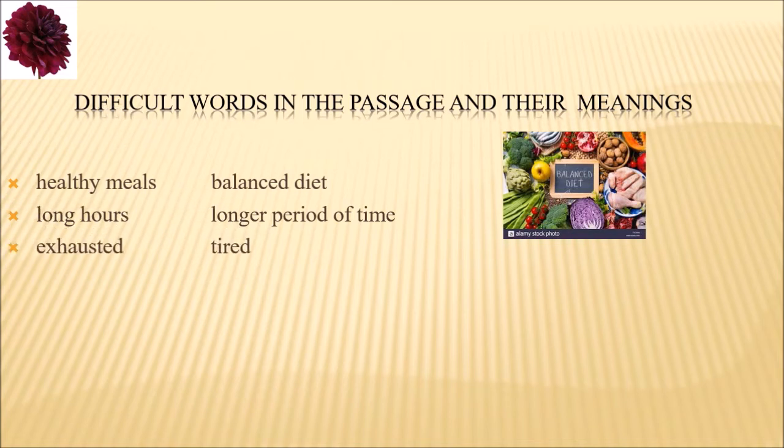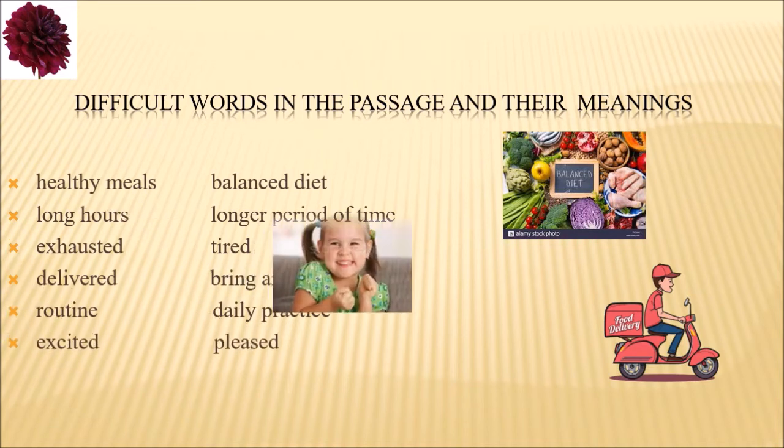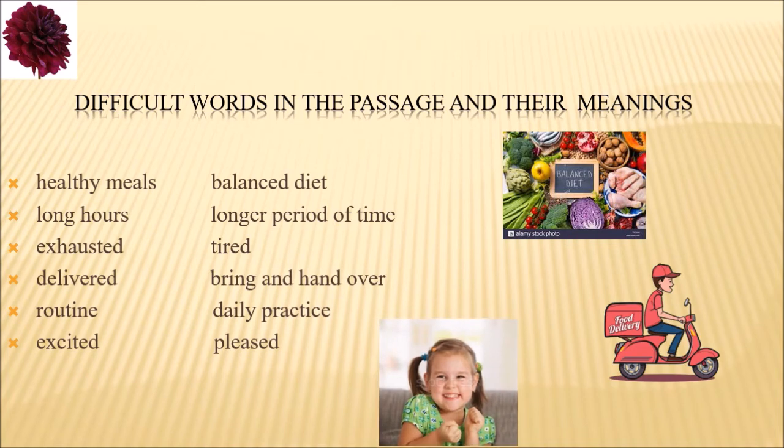Exhausted means tired, थके हुए होना. Delivered means bring and hand over. Routine means daily practice. एक काम जो आप हर रोज कर रहे हैं. Excited means pleased, खुश होना.